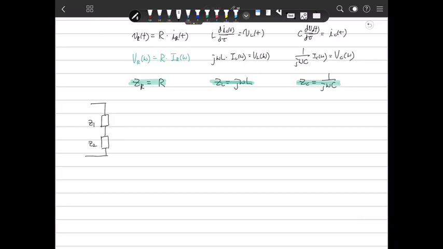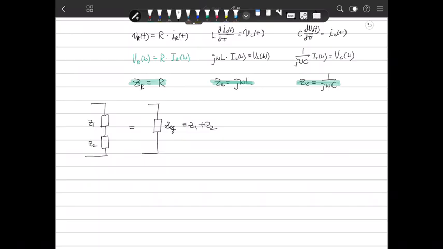If the element is a resistor, then it is not affected by the frequency. Or it could be an inductor, or a capacitor. I don't care. It can be represented as a function of the frequency omega. So that can be rewritten here as Z equivalent, which is the same as Z1 plus Z2. I don't care what it is. It could be a resistor or capacitor.